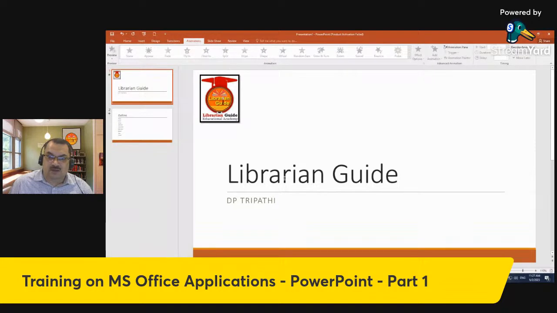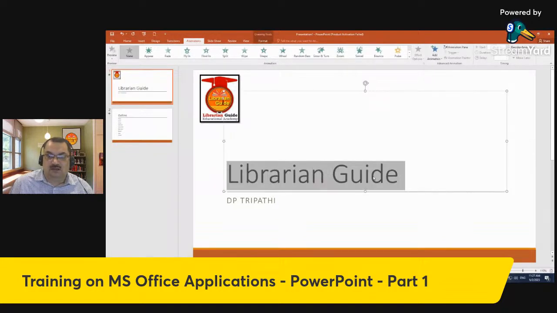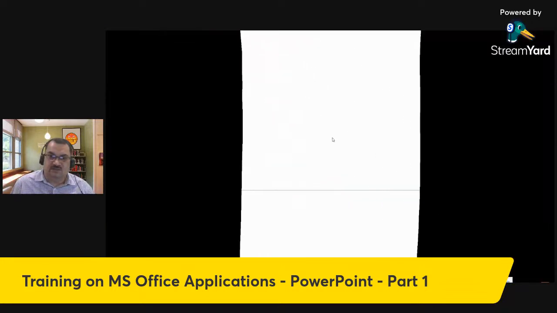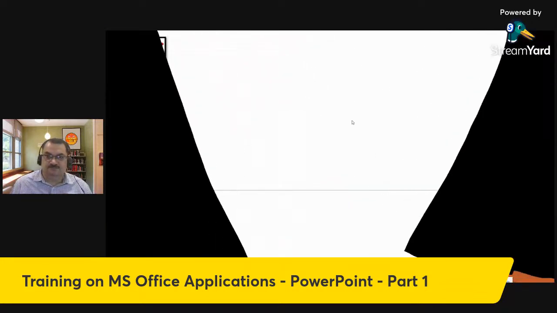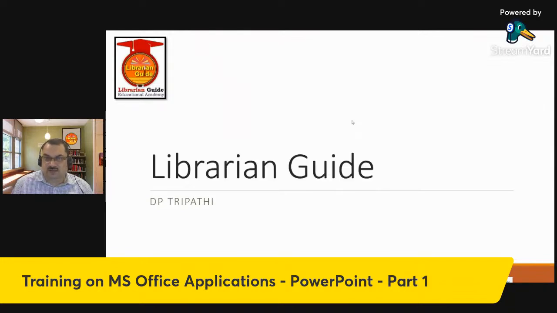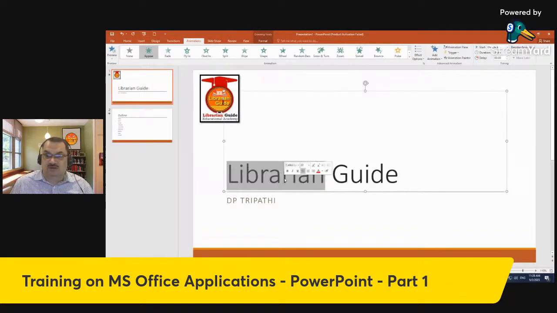Now the animation. Suppose I am taking a particular text and I want to give some effect to this. Let's say I run this PPT in the slideshow mode. You see this is the transition effect, and now the librarian guide is not visible. Why? Because when I click on this, then it will be visible. So this is the animation. Whatever animation you want to appear, you have to choose accordingly.